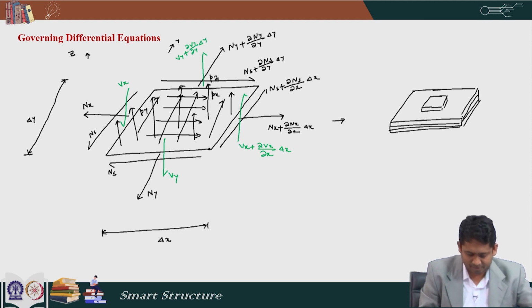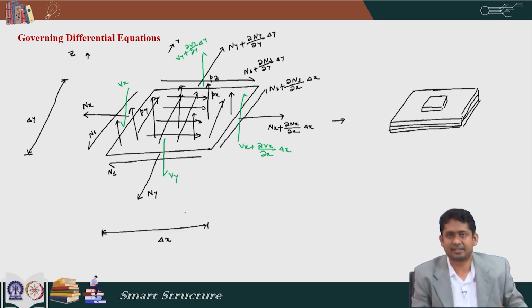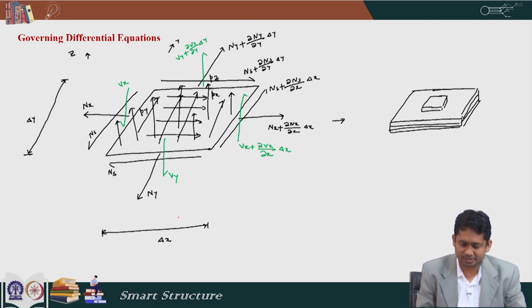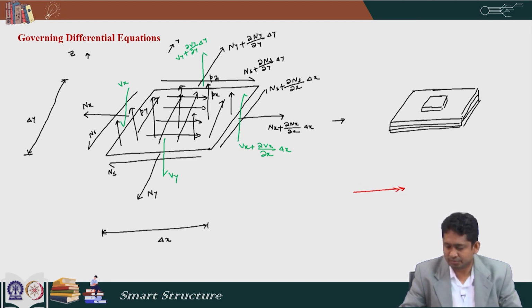At the same time there can be stress resultants in the form of bending or twisting moments. To denote the moments we would use an arrow with a double head, and this would follow the right hand rule. So, a moment denoted by an arrow in this direction denotes a moment like this.